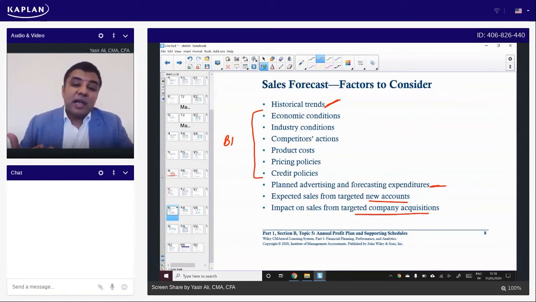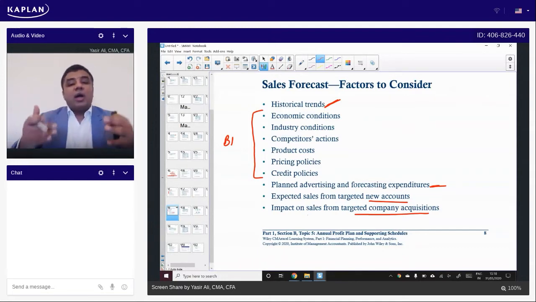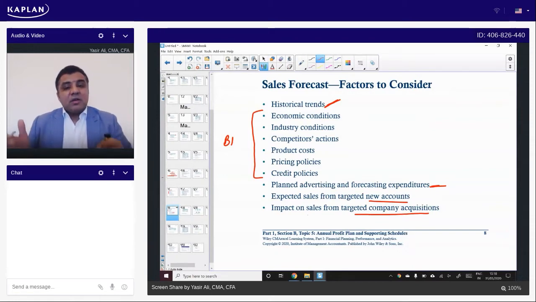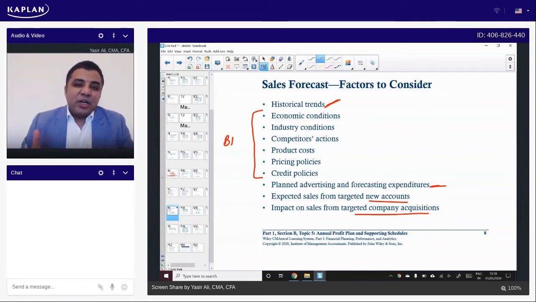So maybe your company has done an acquisition or is planning to do one, is trying to acquire or has already acquired another business. Imagine that the company has acquired one of its smaller competitors, right? Now the combined company's sales are expected to increase, and that must be incorporated in the budget.